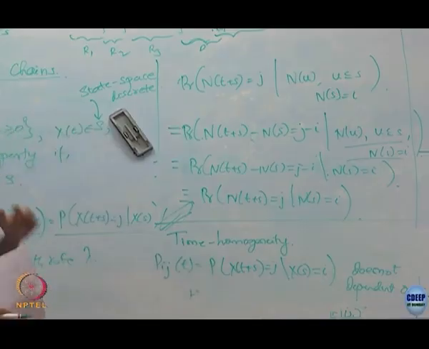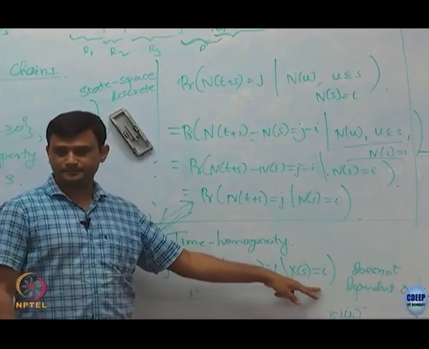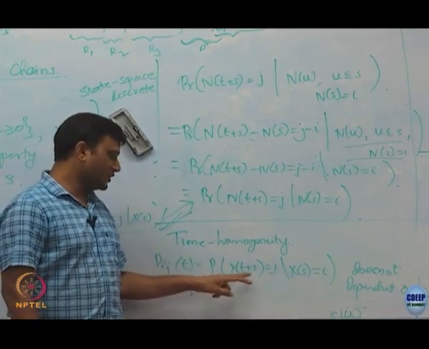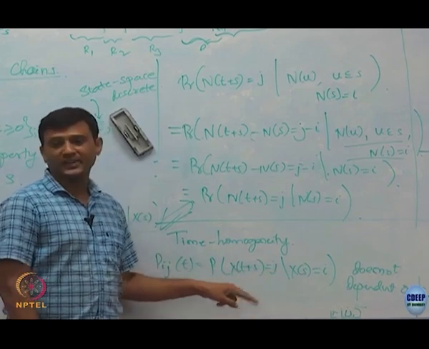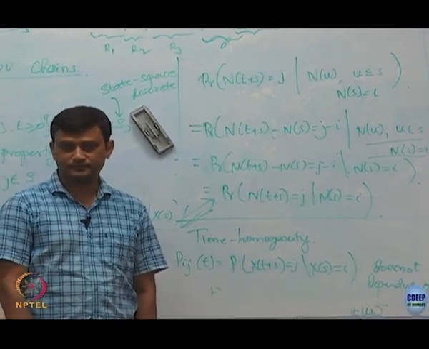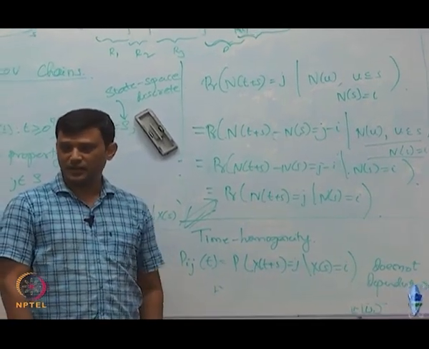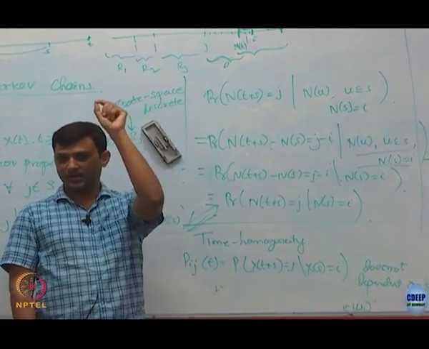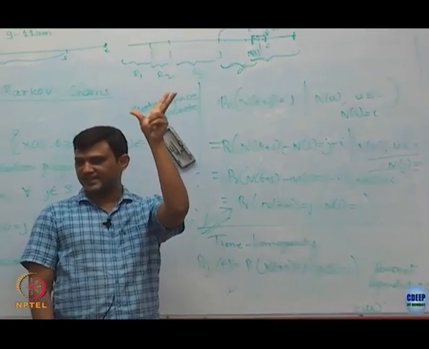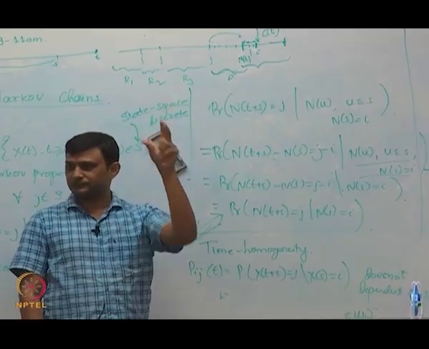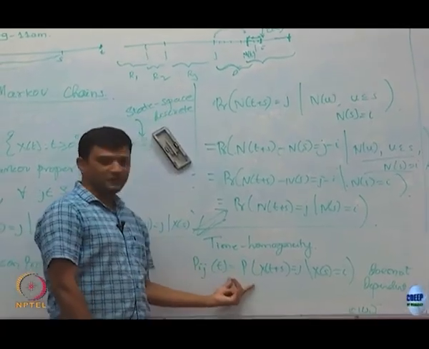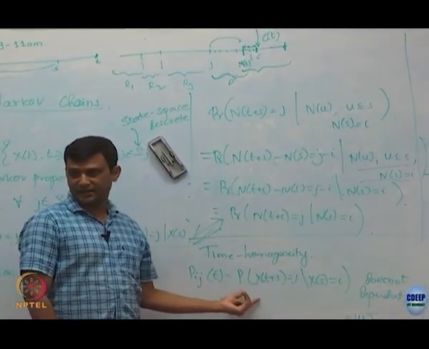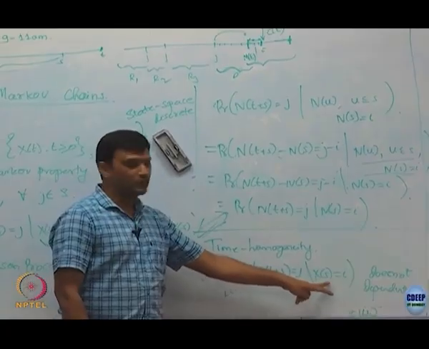So if you are asking the question, at time s you are in state i, and what is the probability that you go to state j at time t plus s? Here you are looking at an interval s to s plus t, so its length is simply t. We are going to assume that these probabilities only depend on the length of the interval, not on the point where you started.